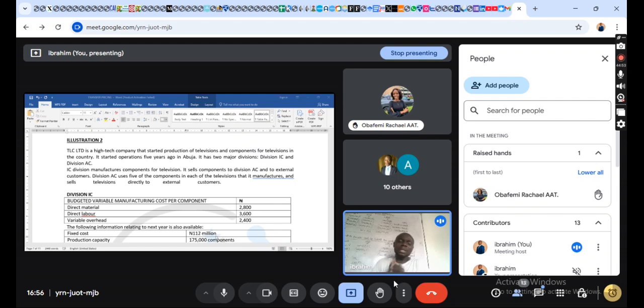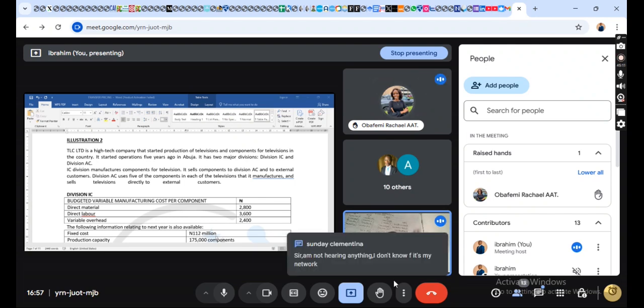In some questions, it will not be given. They will tell you that it is based on variable cost. But you will now say, what are the variable costs from this question? So the variable cost of the selling division is what you will use to do the transfer pricing.